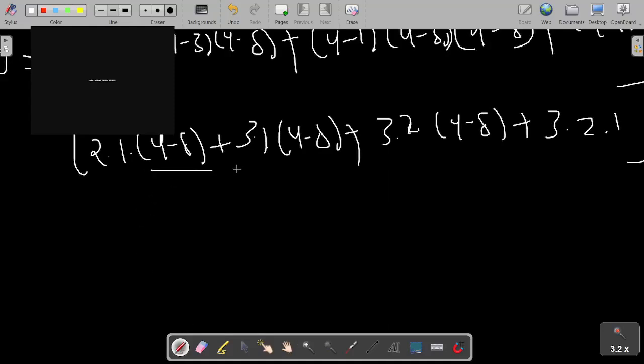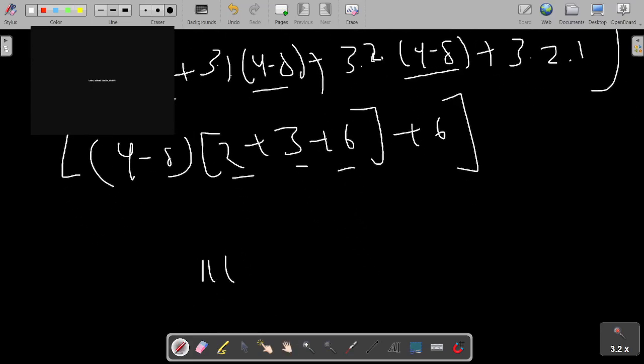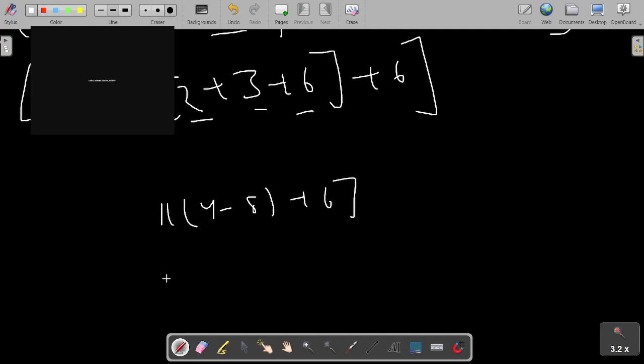So if I take 4 minus delta common in the first 3 terms, this is 2 plus 3 plus 6, plus 6 separately. So 2 plus 3 is 5, plus 6 is 11. 11 times 4 minus delta plus 6. Let's multiply this: 11 times 4 is 44 minus 11 delta plus 6.